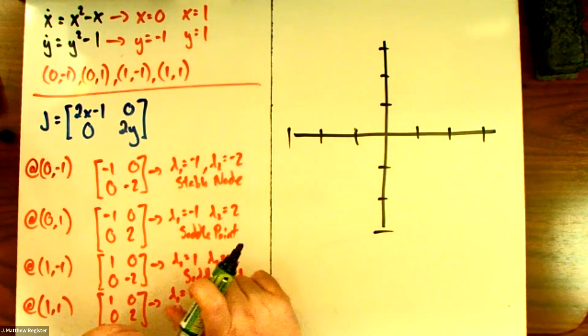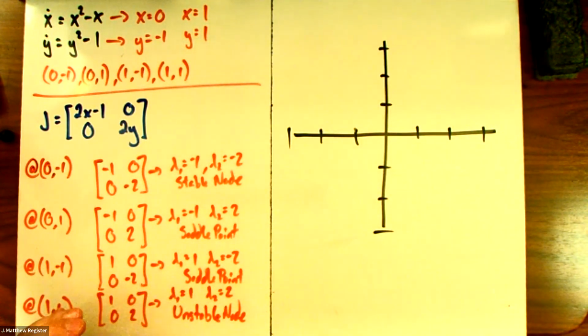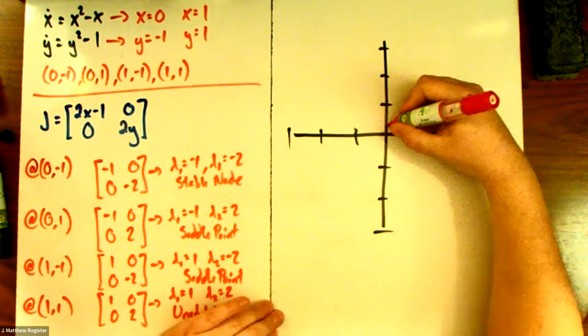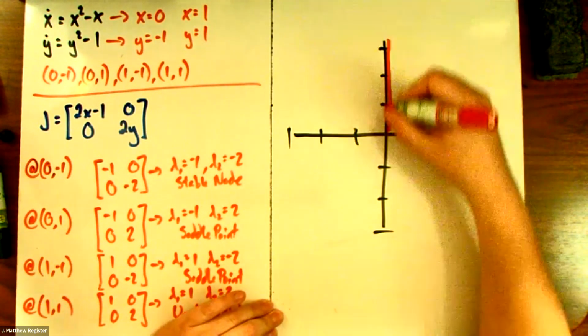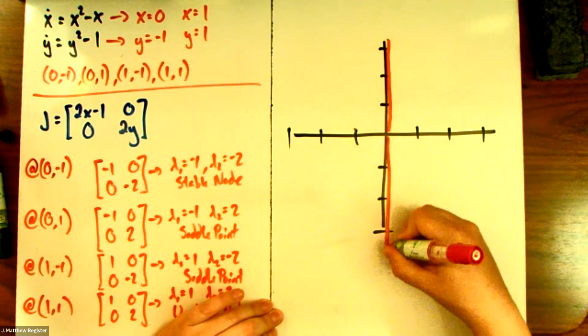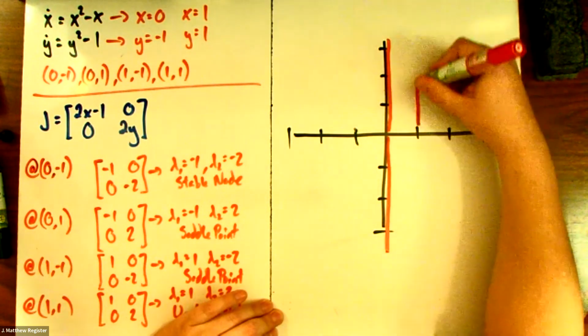And then we'll just use the techniques from chapter 7, where we're using the null lines. And so our null lines are given up here. We have x equals 0, which would be a vertical line going right up there. We have x equals 1.